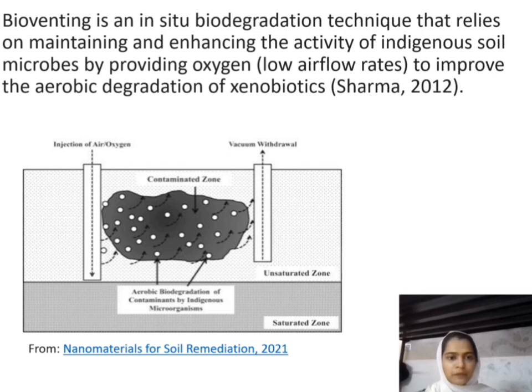So what we will do is inject oxygen and withdraw the oxygen from the other side. The oxygen will pass through the contaminant, so the bacteria can get enough oxygen and it can act correctly and degrade the pollutants.